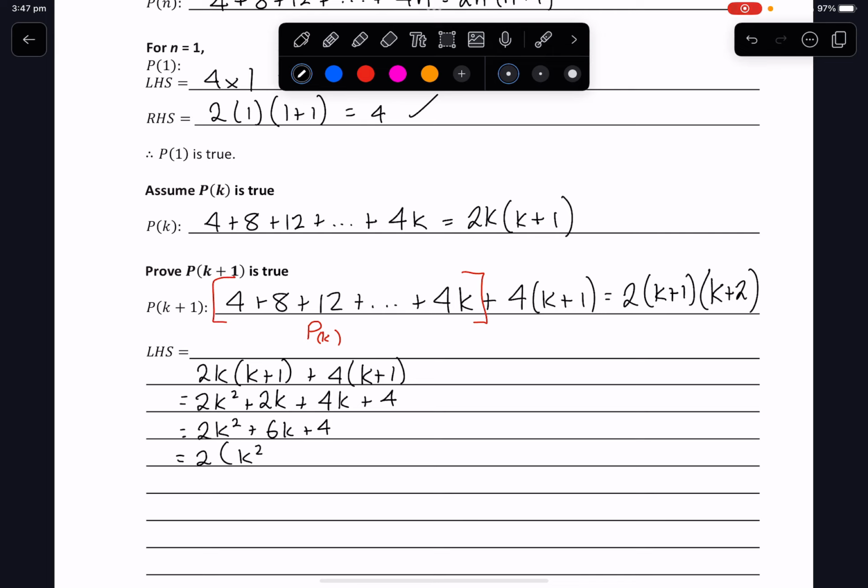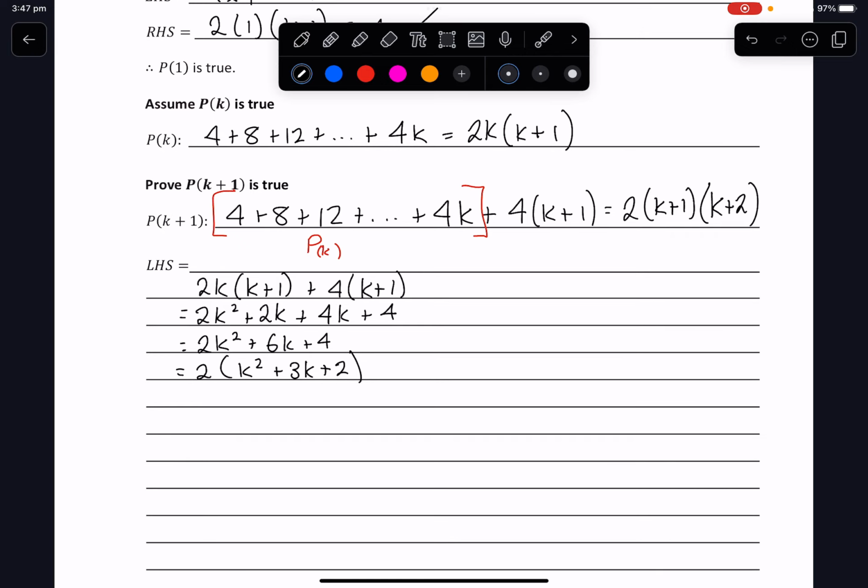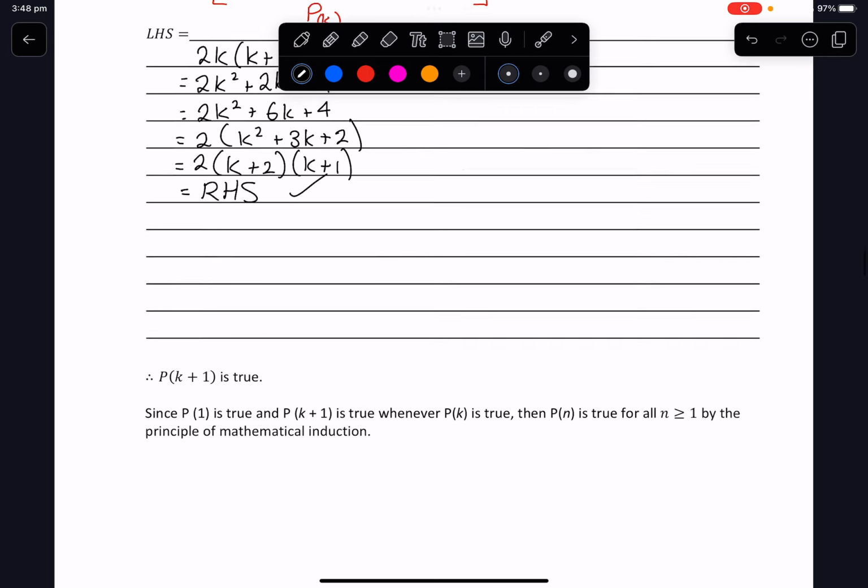Then I'm left with k squared plus 3k plus 2. Now we can use sums and products for this quadratic. I've got (k plus 2) and (k plus 1). They are in a slightly different order to my right-hand side up here, but they are the same because they're just multiplied, so that is equal to the right-hand side, which is our check.